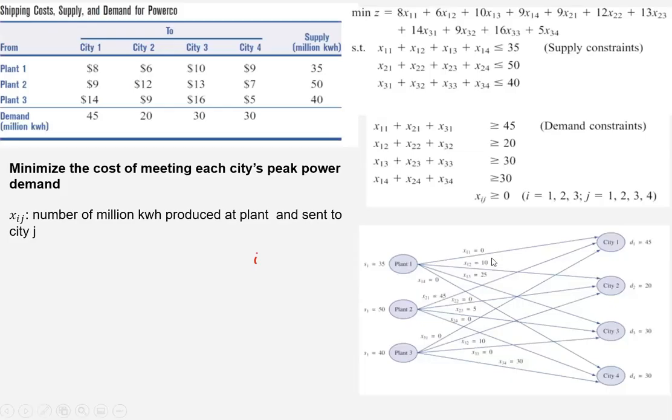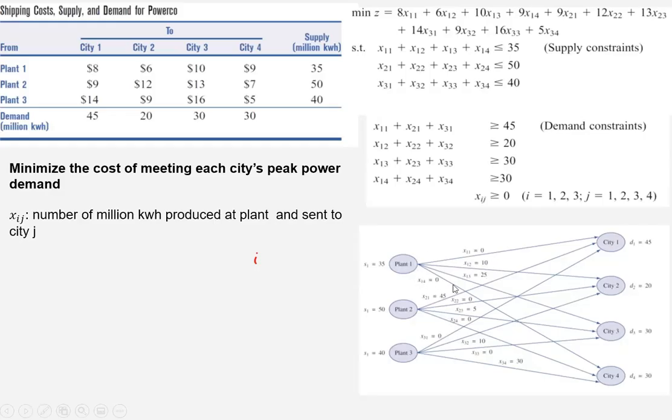So this is just a graphical representation of a solution for this problem. In this solution, x11 is 0, x12 is 10, x13 is 25. Let's check. The sum of these two is 35, and then x14 is 0.